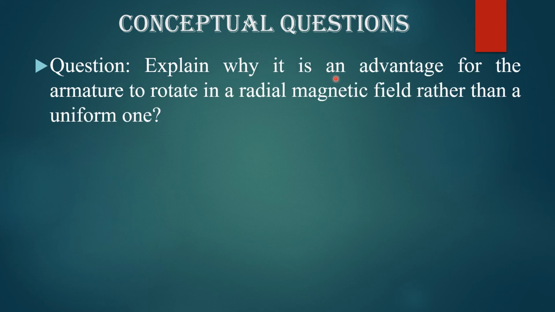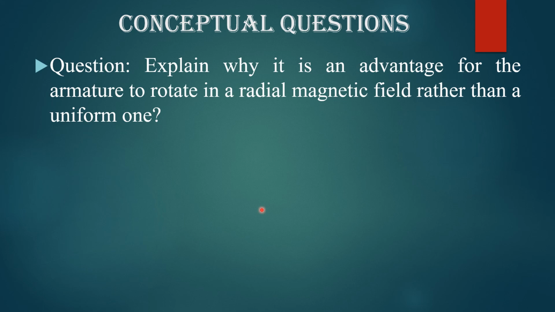Question: explain why it is an advantage for the armature to rotate in a radial magnetic field rather than a uniform magnetic field. When we use a radial magnetic field, the coil rotates within the magnetic field. The pole pieces of the magnet are made concave to make the field radial.